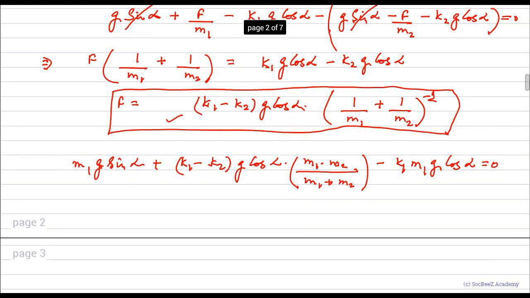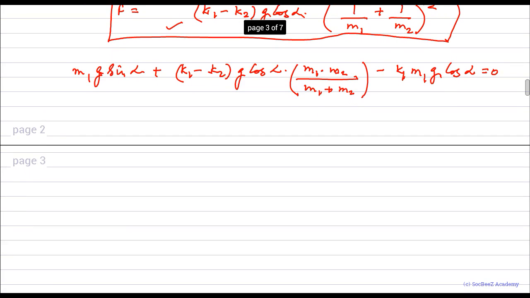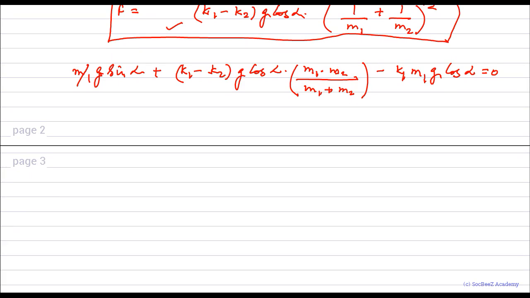Okay, so in this expression I get m1 cancelled throughout. Okay, also get g cancelled throughout.